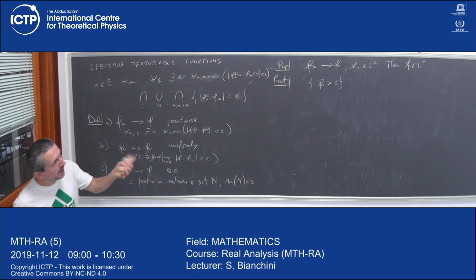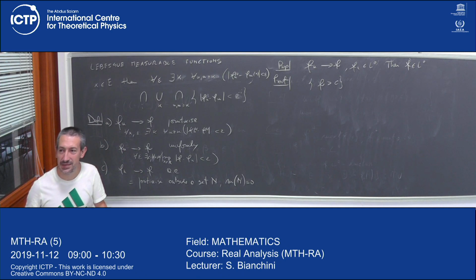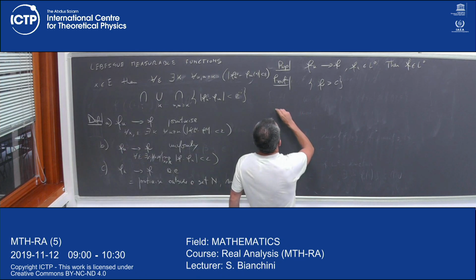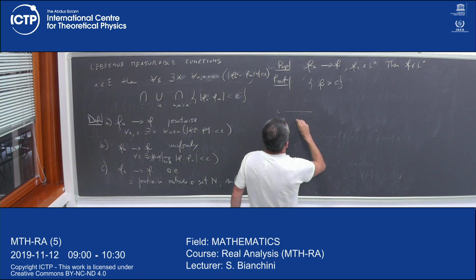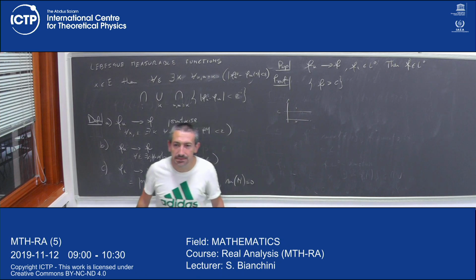So when F is larger than C, what does it imply on Fn? I fix C and I have a point X where the value of F is larger than C. What does it imply on Fn?